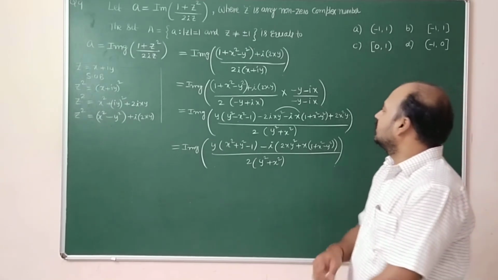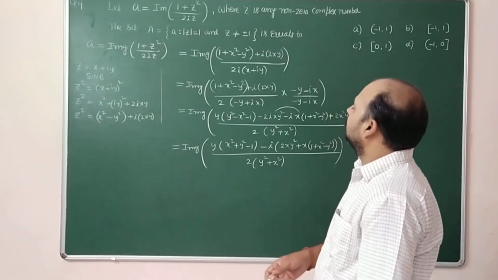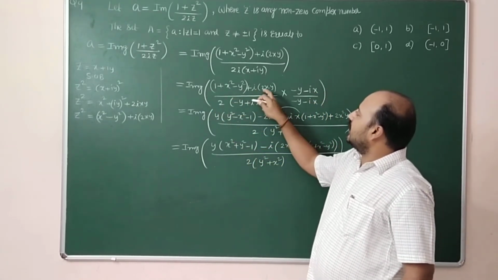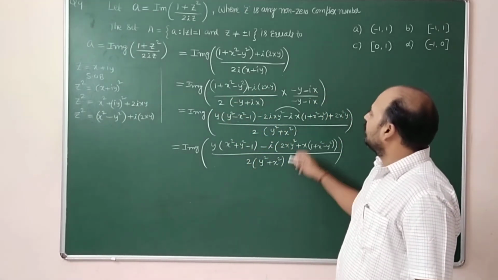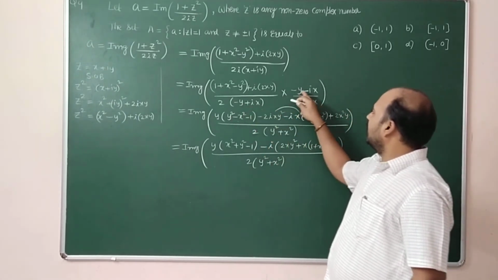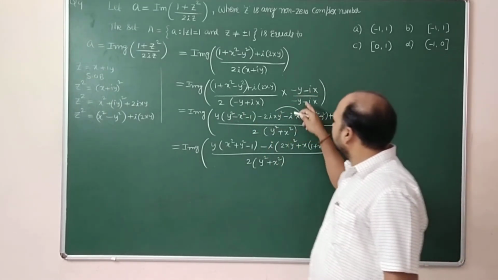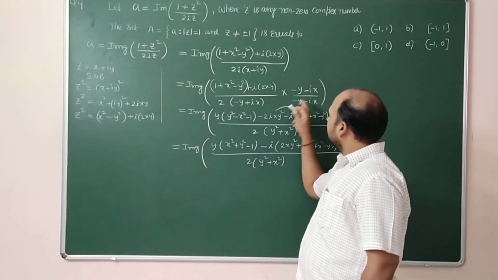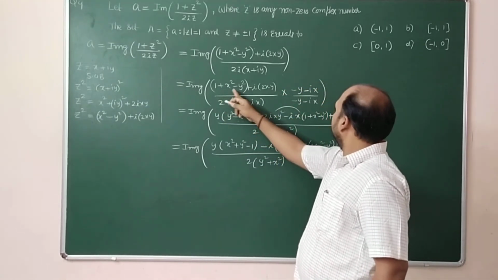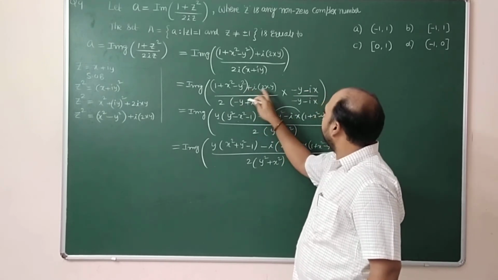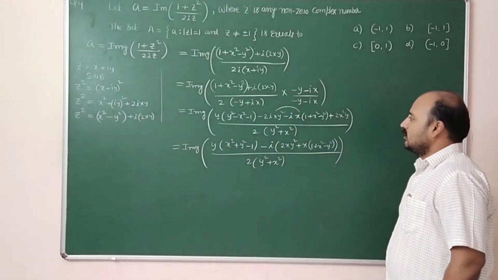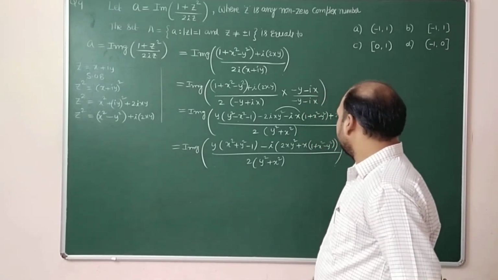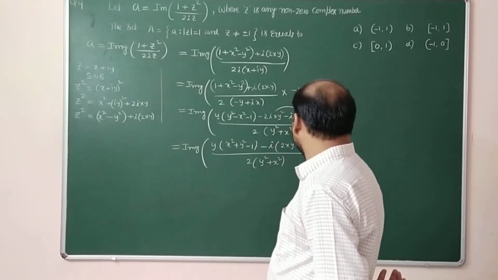So once again, 1 plus x square minus y square plus i into 2xy, minus y plus ix means minus yx. This is okay. Minus y into this value, even this is also minus, minus into plus is minus, i by i square minus 1 plus. We got it now. Now simplification is required here.